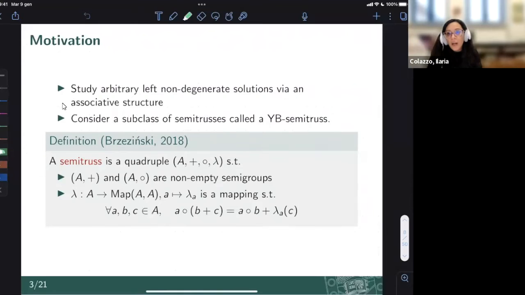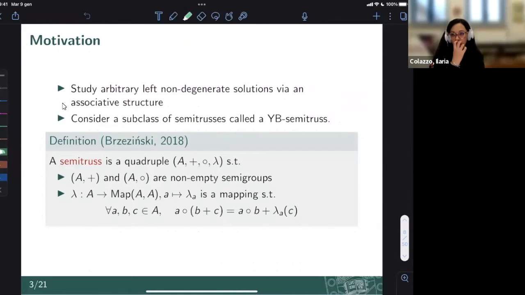To do so, we consider an algebraic structure introduced by Thomas called a semitruss, which is a tuple in which we have two operations that give our set the structure of semigroups, and a map lambda that somehow represents the skew brace relation.